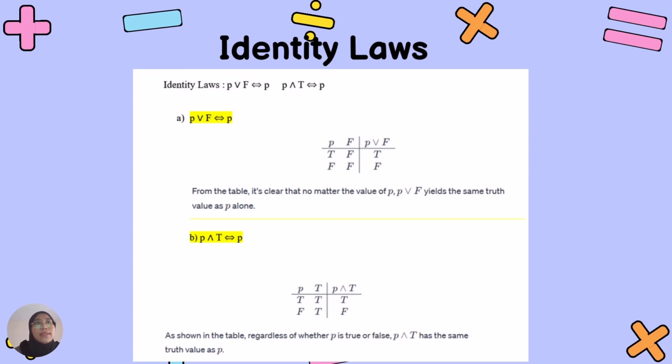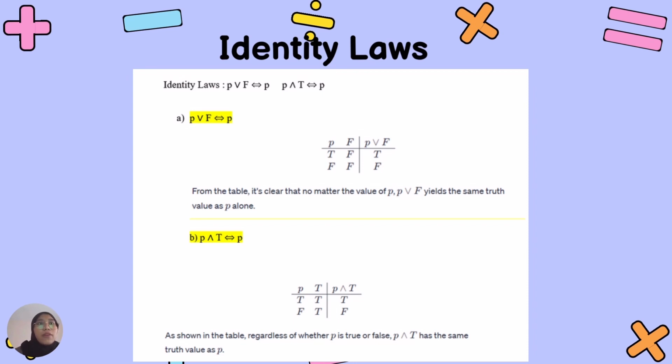So now look at the second one, which is P or F equals P. This law states that a proposition P or with false F is always equivalent to P itself. Here is the truth table for this law. So when P is T, P or F becomes T. And when P is F, P or F becomes F. From the table, it's clear that no matter the value of P, P or F yields the same truth value as P alone.